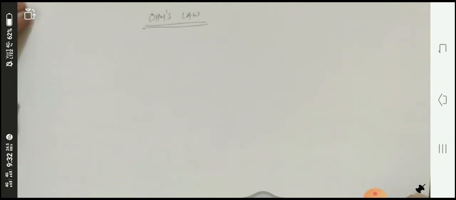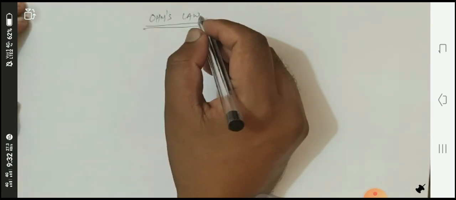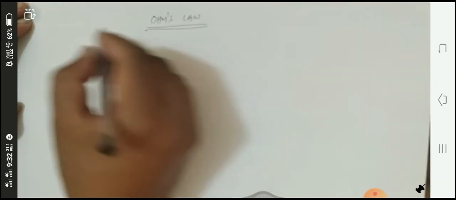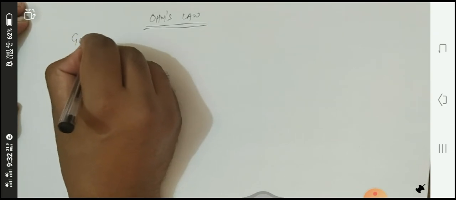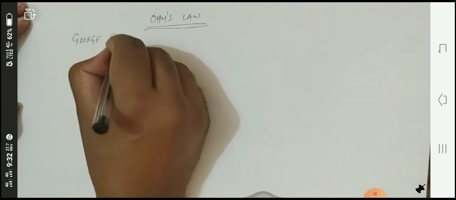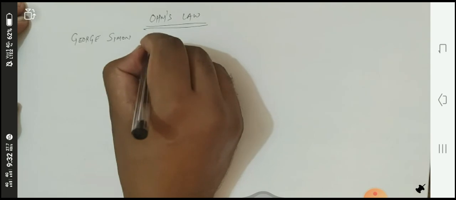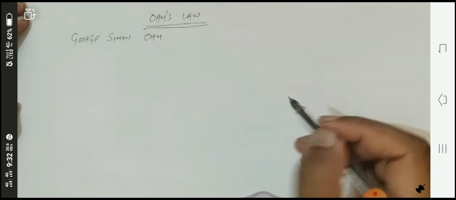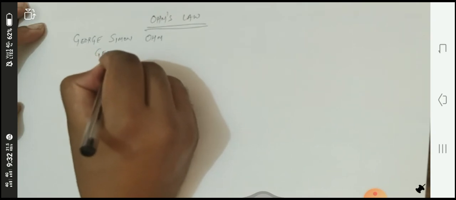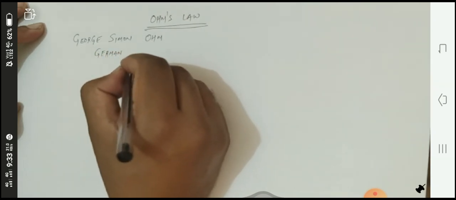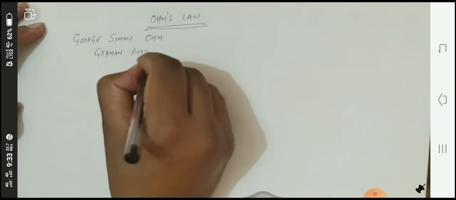A scientist, George Simon Ohm. He was a German physicist.